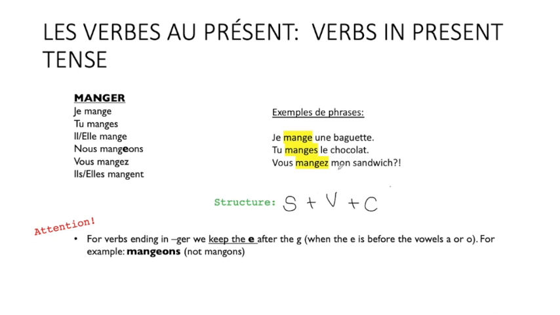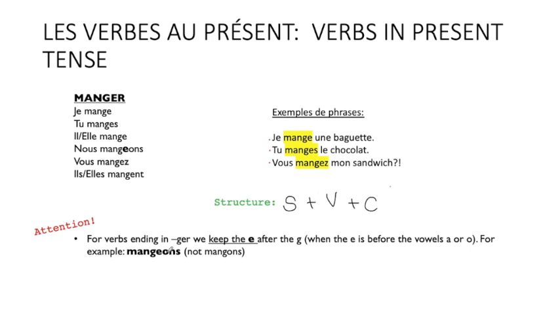So as you can see here, the structure of the sentence is the same. You have je, tu, vous, which are the sujet. You have the verb, of course, conjugated, mange, manger. And you have the complement, which is the thing that you're eating, okay?